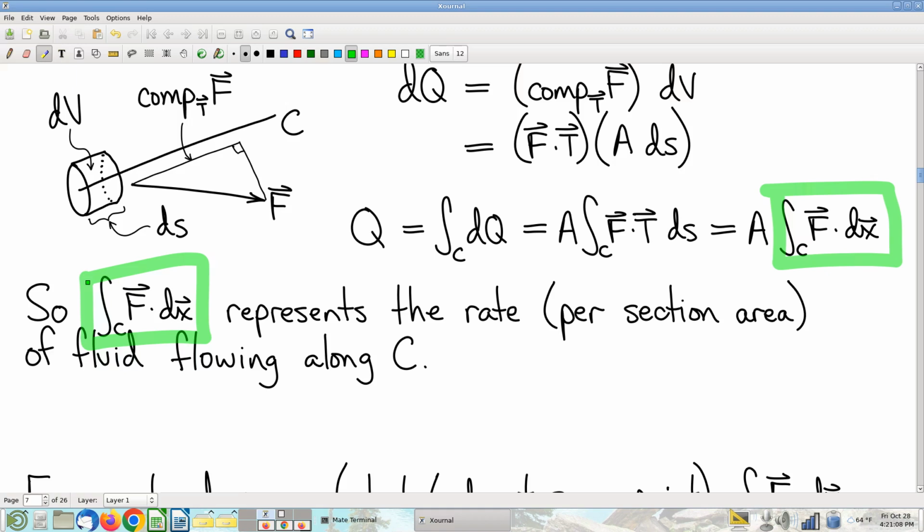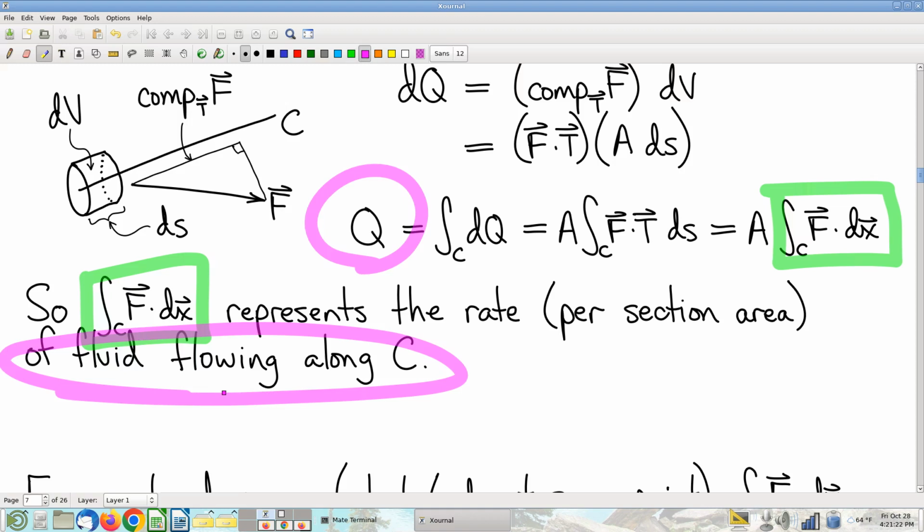This line integral represents, when the vector field represents a fluid flow, as we've got here, the quantity that I've computed, namely how much my fluid flows along the curve. Well, not exactly. There is the issue of this area, which you can think of kind of in the denominator over here if you prefer. So I'm going to say per cross-sectional area.